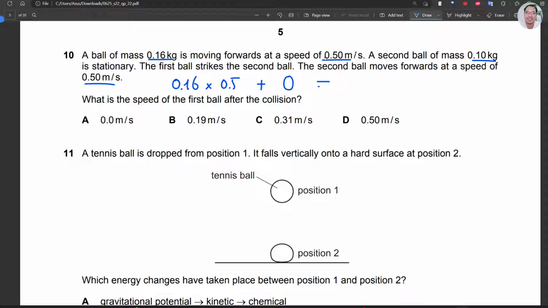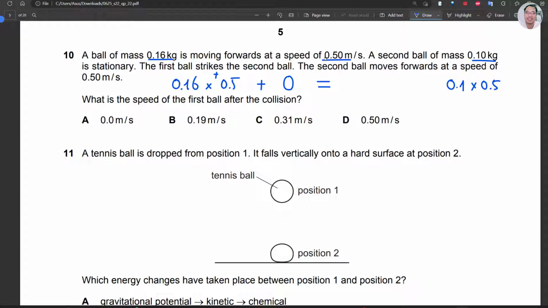Then after collision, the second ball has the momentum of 0.1 kilogram multiplied with the speed of 0.5 meter per second. This speed is in the same direction as the initial speed of the first ball, and therefore they are both positive.